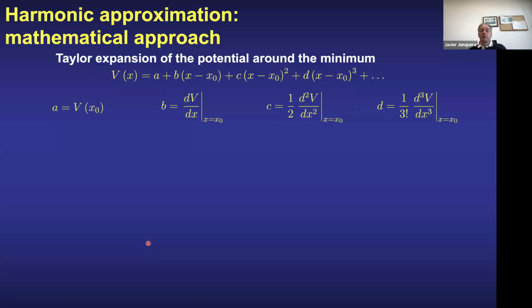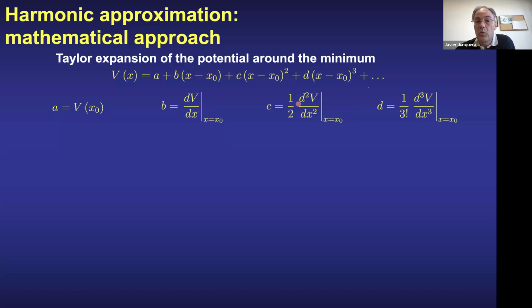So from a mathematical point of view, you can consider here a potential in one dimension. So this potential is V(x), and then we can take a Taylor expansion of this potential around the minimum, okay? So this will be a constant A, and then here I have the first derivative of the potential with respect to the spatial location evaluated at the minimum, and I'm calling this term B, multiplied by the distance to the minimum.